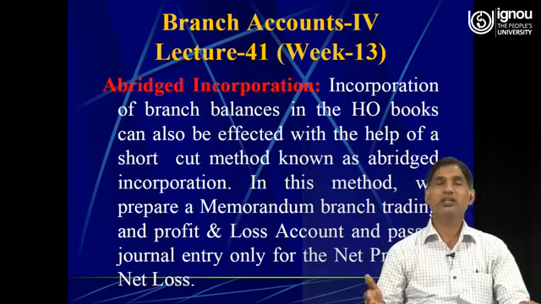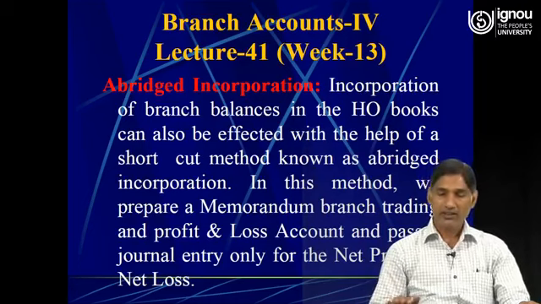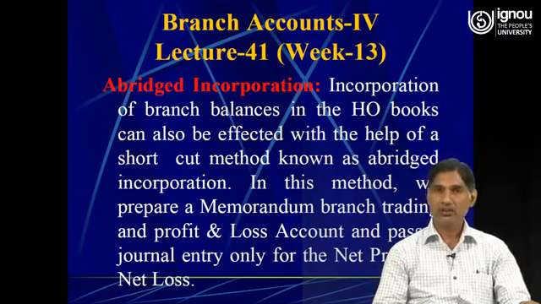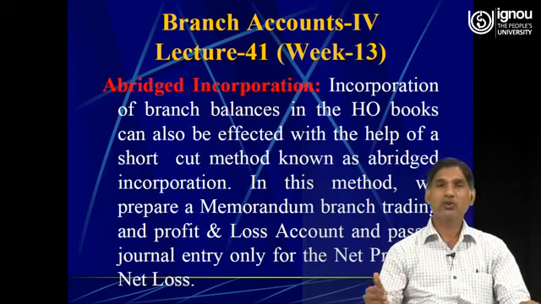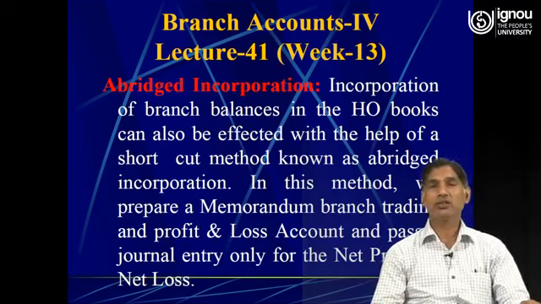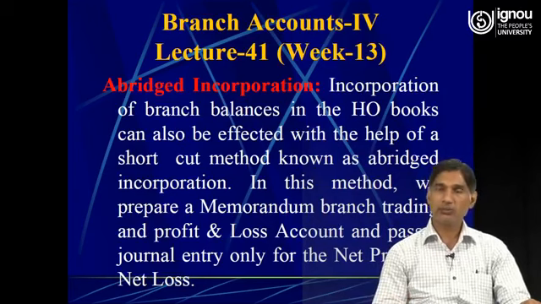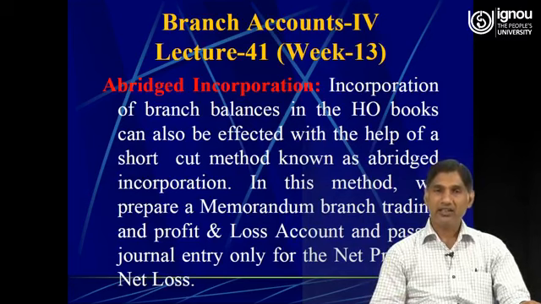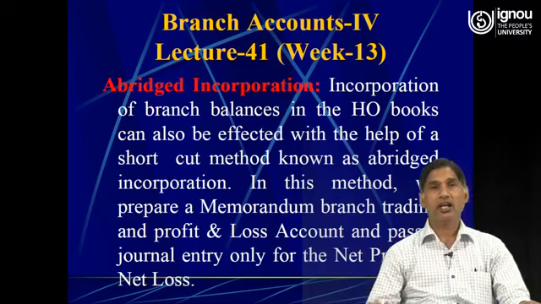Then the journal entry for the difference of the debit and credit side of the trading account, that is what we call gross profit. The fourth journal entry pertained to the expenses which need to be recorded in the profit and loss account, then the next entry was for the assets, and the last journal entry was for the liabilities.